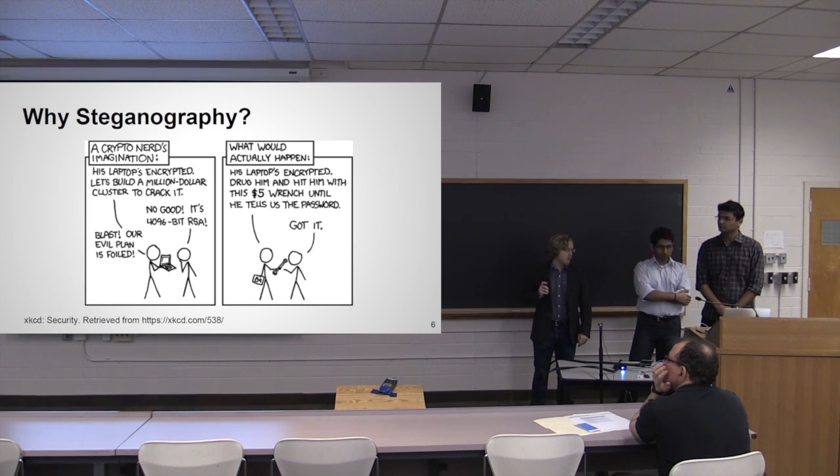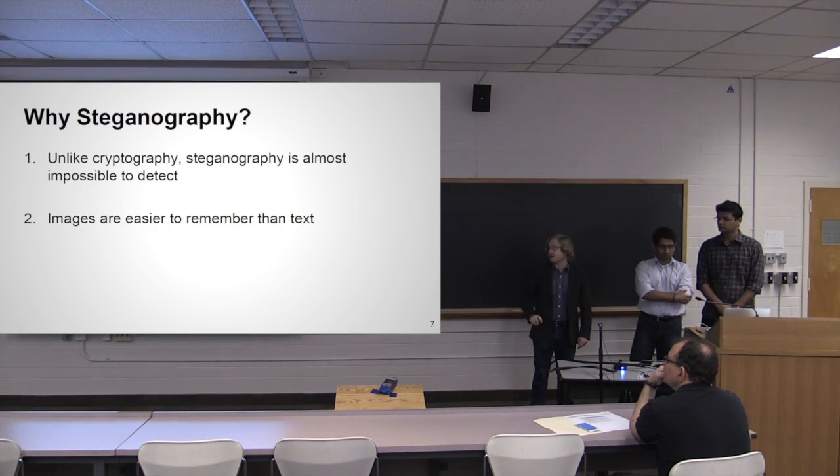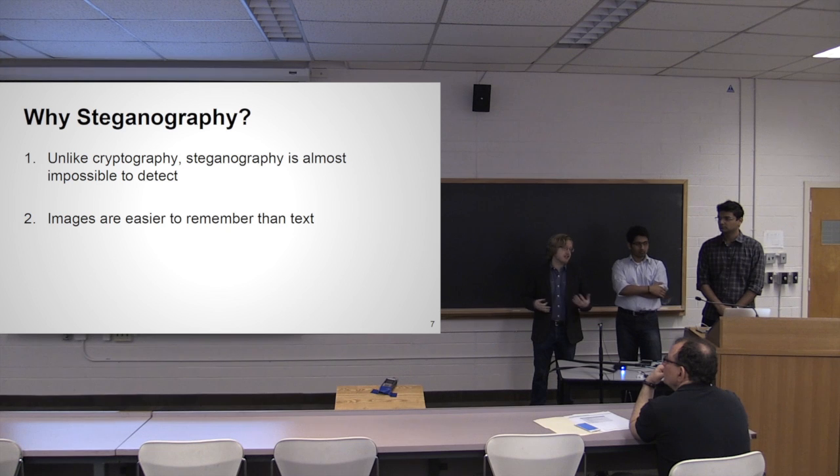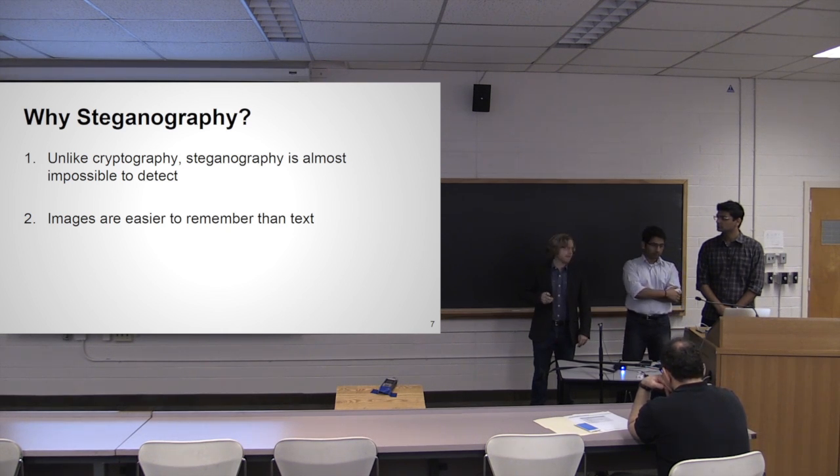And so steganography, unlike cryptography, is almost impossible to detect. It just makes your device look like it has normal pictures. And two, as mentioned before, images are easier to remember than text. So that's also why we're using steganography.